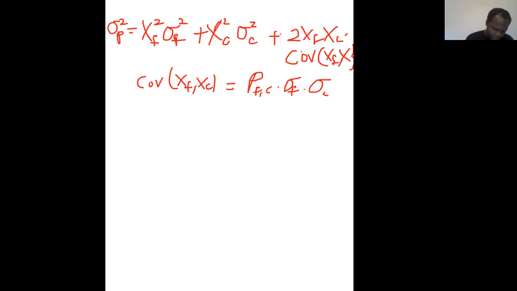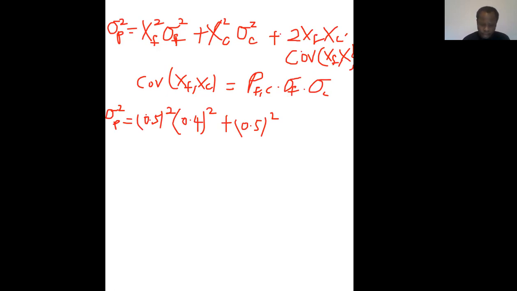So the portfolio variance is equal to the weight, which is 1/2, so it's 0.5, all squared, multiplied by the volatility of F, which is 0.4, all squared, plus the next one is X of C, which is 0.5, all squared, multiplied by 0.3, the volatility, all squared, plus then 2 times 0.5 multiplied by the correlation.